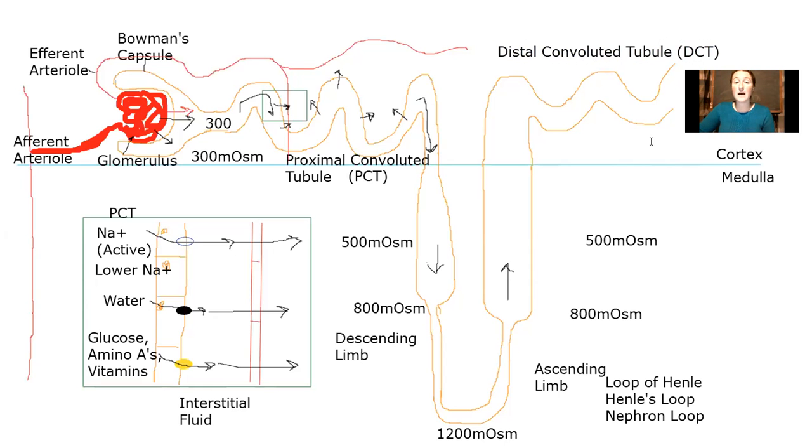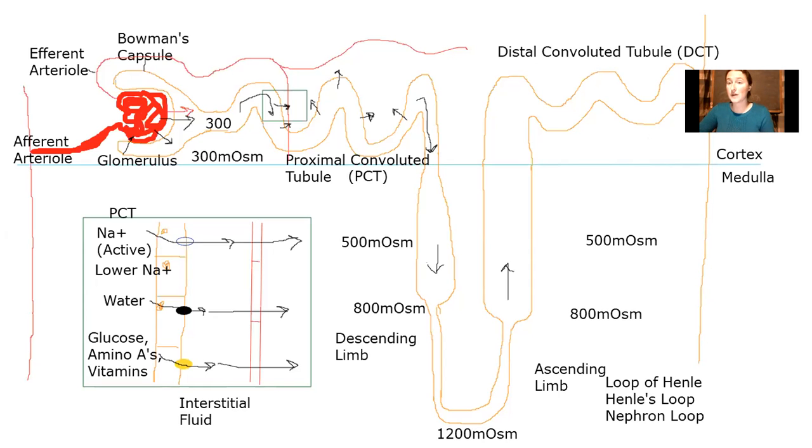So all of those very specific modifications for the specific needs of the body are going to happen in the distal convoluted tubule. Also, if you have high blood pressure or low blood pressure, this is really the place where we're going to modify that.